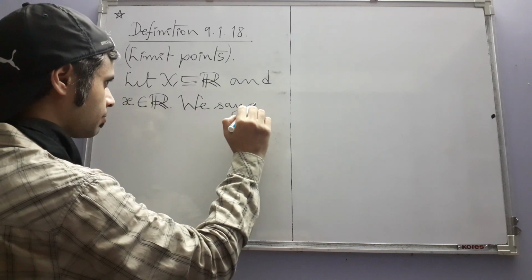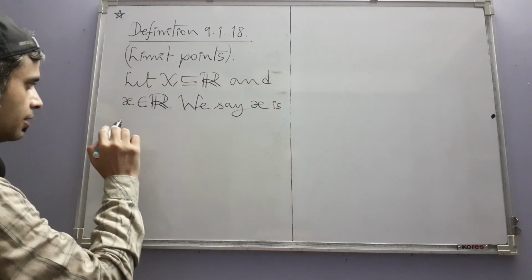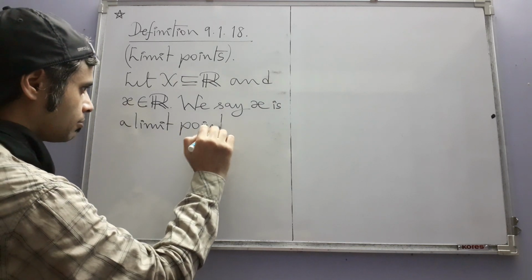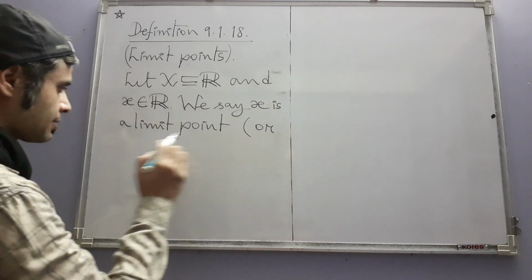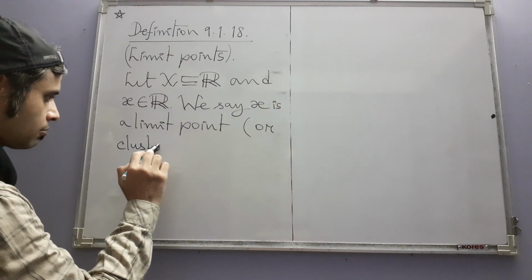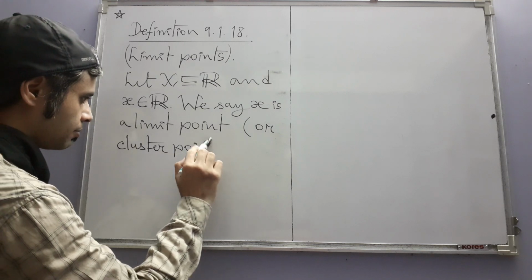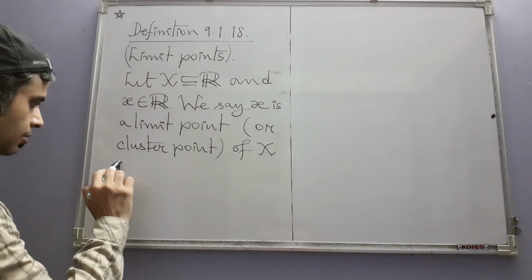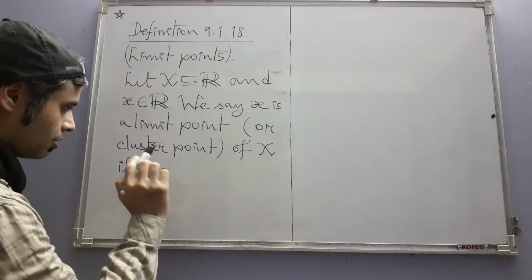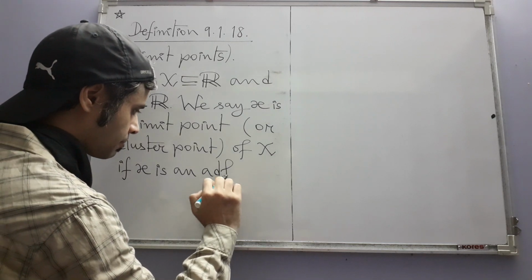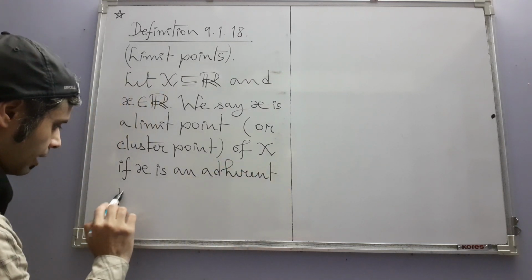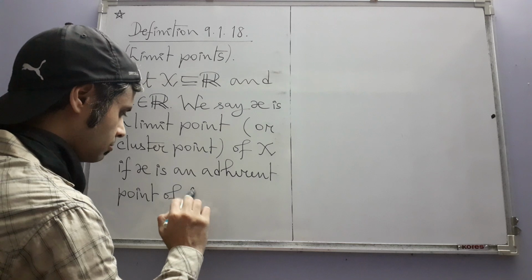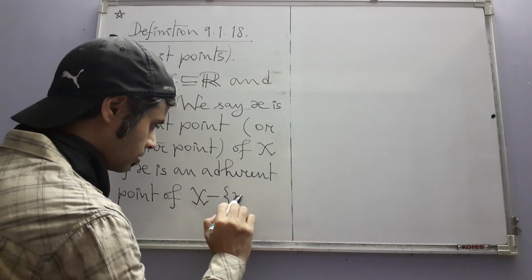We say small x is a limit point, or it has another name, cluster point of capital X if small x is an adherent point of this set.